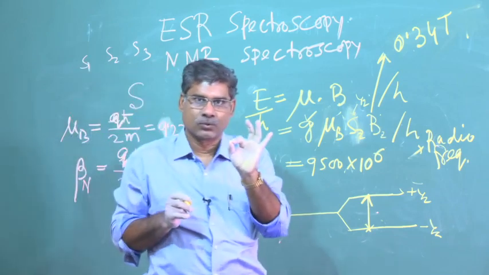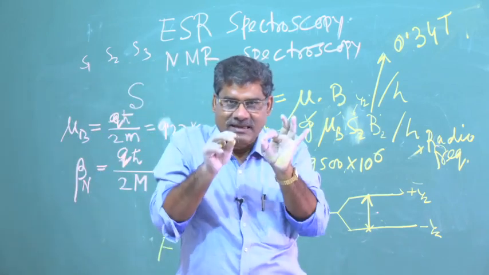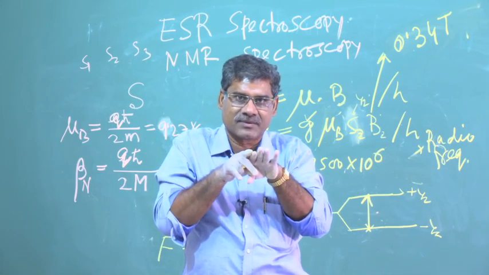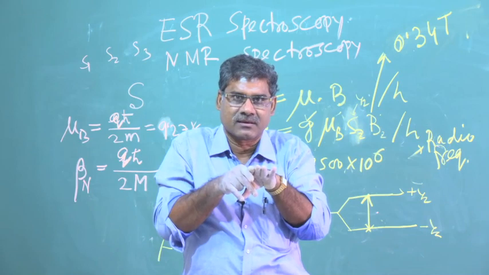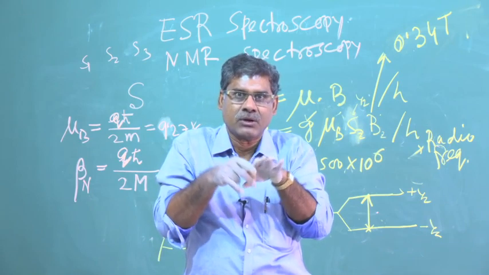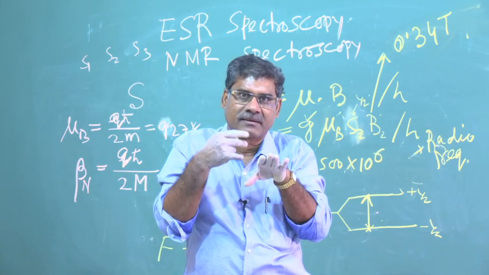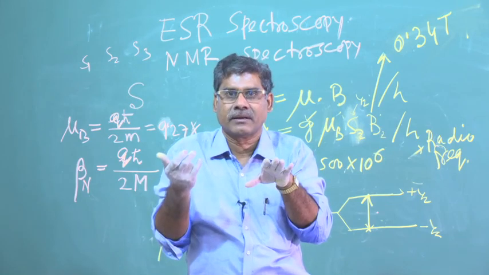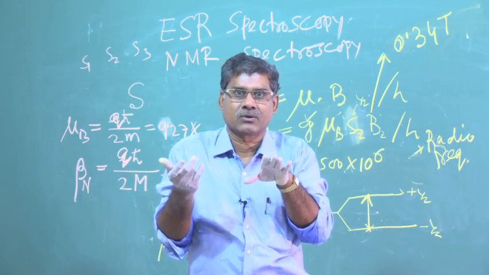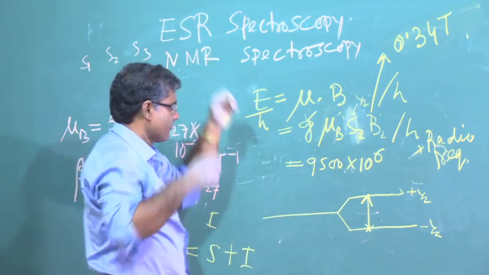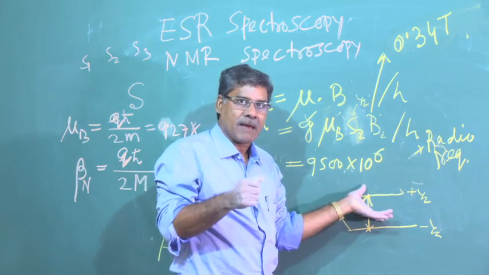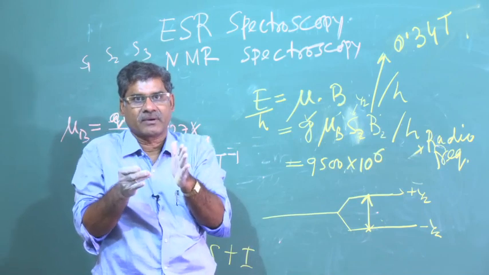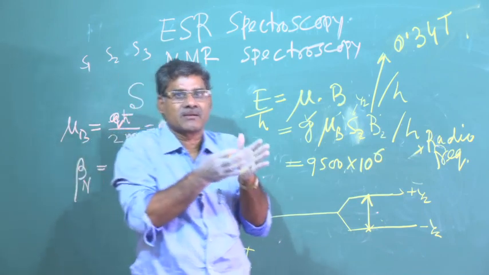to sense the energy level splitting due to the electron spin or the nuclear spin, one has to apply a magnetic field, so that I can separate them, the effect of nuclear spin and the effect of electron spin.